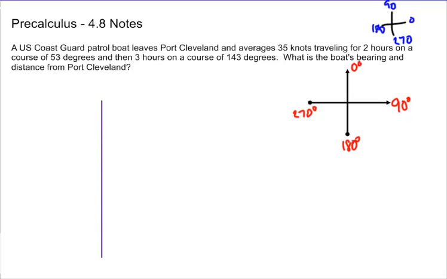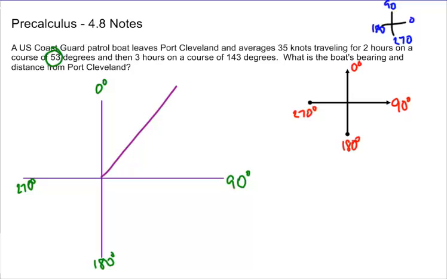Keeping in mind that we have 0 degrees here, 90 degrees here, 180 is due south, and 270 is west, if I'm on a bearing of 53 degrees, I'm going this direction, making a 53 degree angle with true north.